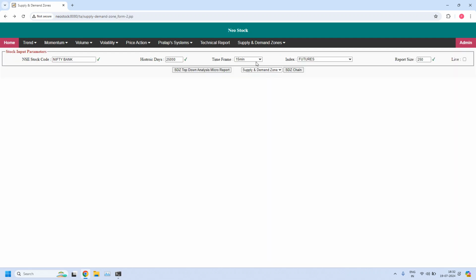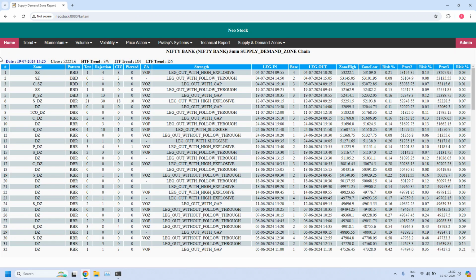And the last time frame is 5 minutes, generating the BANKNIFTY 5 minute supply demand zone chain. So this is about the BANKNIFTY supply demand zone chain.